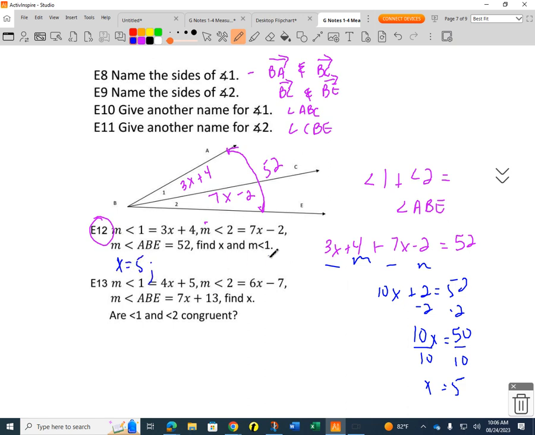So now they ask me to find the measure. That m here means measure. So we read that m as the word measure.